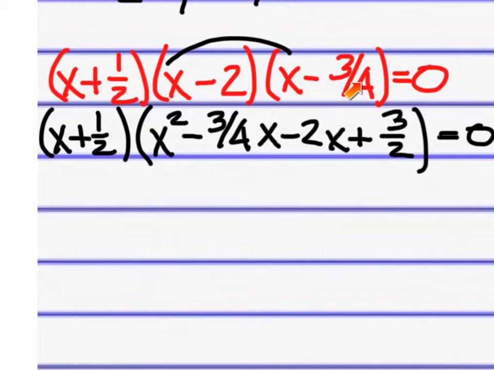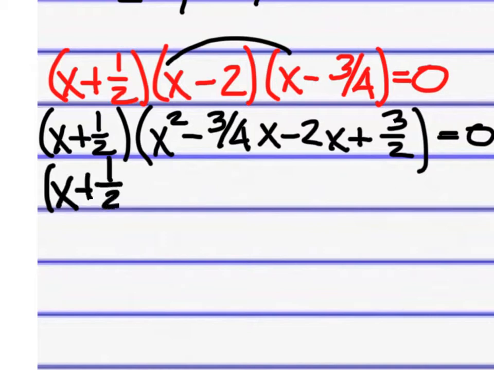Negative 2 times a negative 3/4 is a positive 6 over 4. 6 over 4 reduces to 3 over 2. Now you must add like terms. Technically you don't have to, but if you don't, you end up with a bigger mess to deal with down the road. So let's go ahead and simplify.